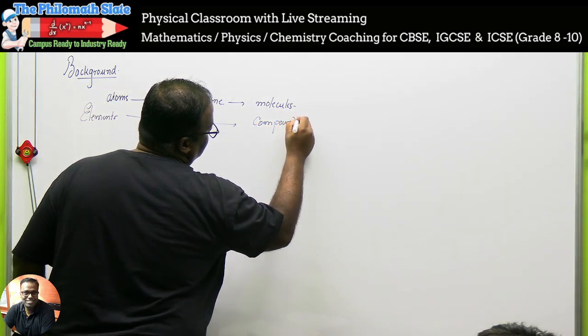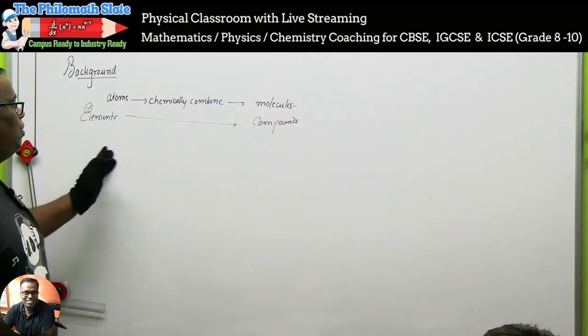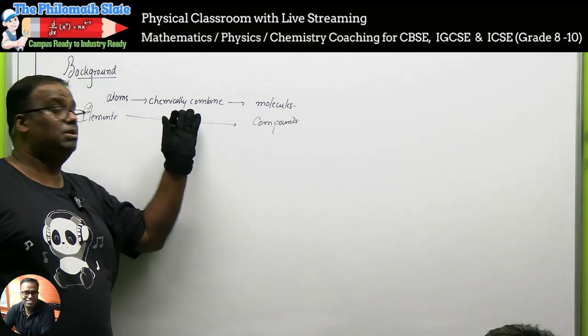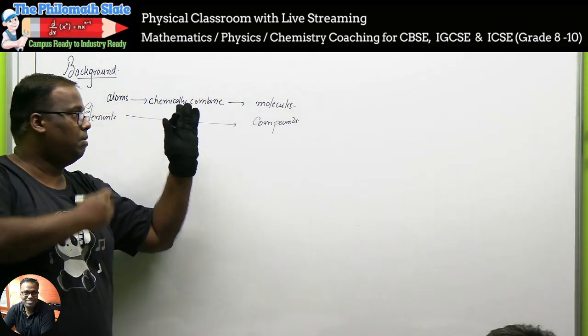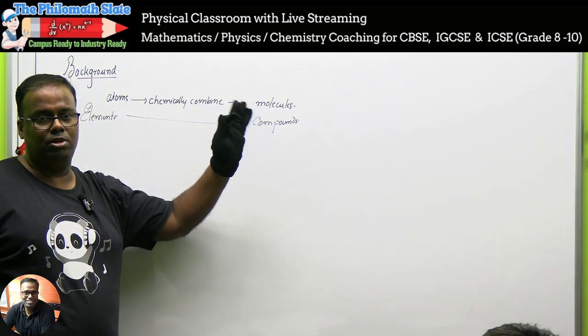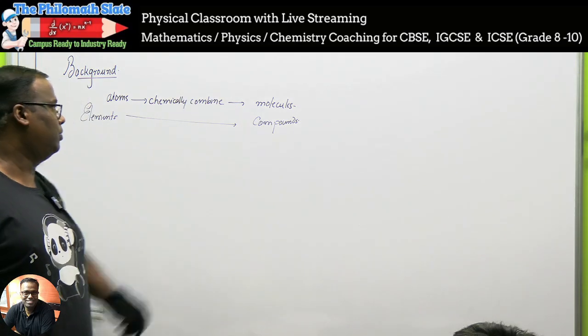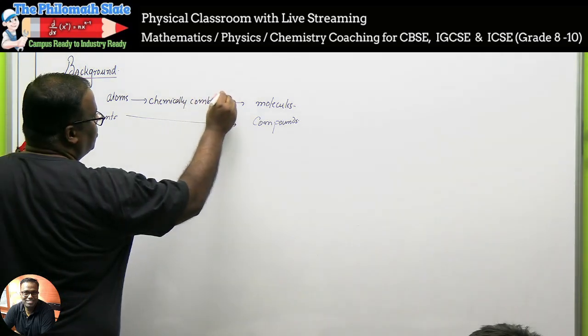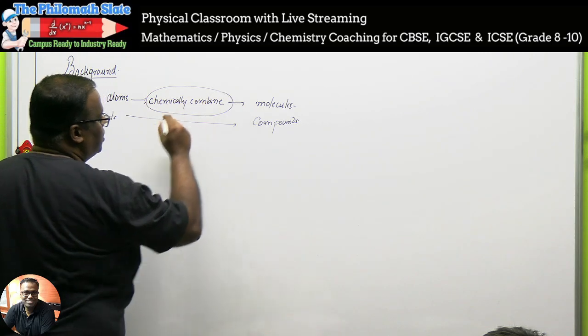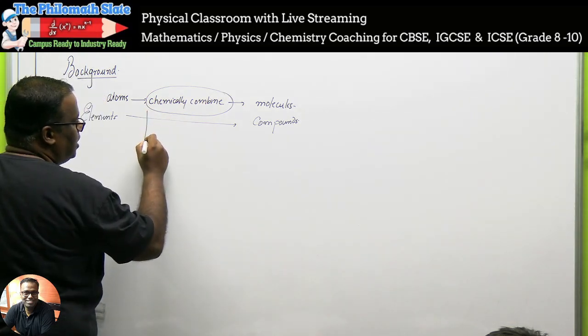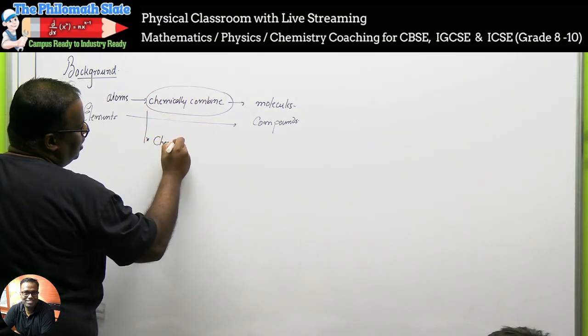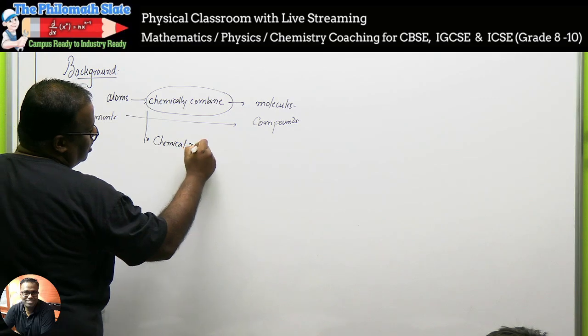Are you understanding this? When elements form compounds, atoms of different elements chemically combine to form molecules. What happened? Chemically combine. This word is of utmost importance for us. Chemically combined means there will be a chemical reaction.